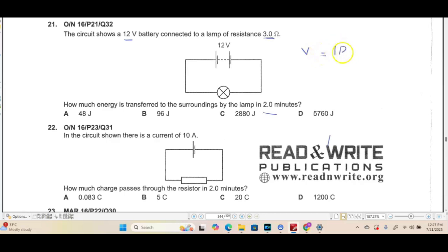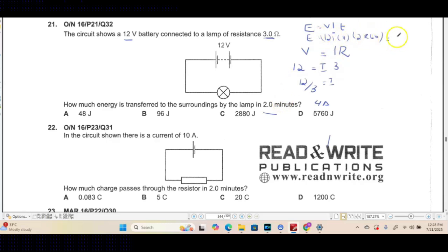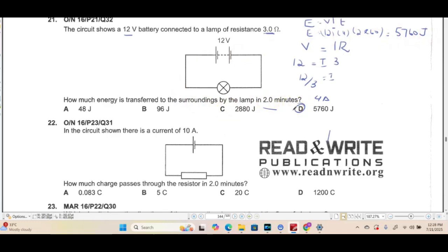What we need is V is equal to I R, since energy is VIT and we don't have I. So we have V, we have R, so we can always find I. 12 over 3 is 4 amperes of current. And when we put these over here, 4 and time has to be converted into seconds, so 2 into 60. Our answer is 5760 joules. So D is our correct option.